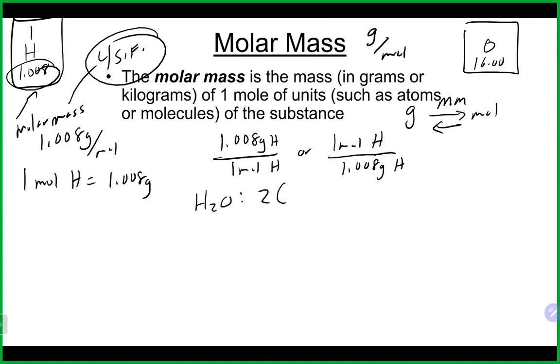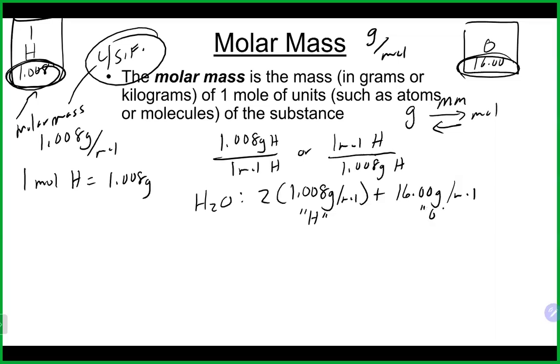There would be 2 times the molar mass of hydrogen from the periodic table, 1.008 grams per mole, plus 1 oxygen from the periodic table, 16 grams per mole. And again, that is basically our hydrogens, and that is basically our oxygens. If we add it up, we get 18.02 grams per mole as the molar mass of water.